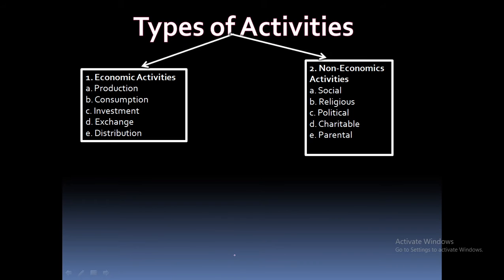These are the types of activities. There are two types of activities. First is economic activities. Second is non-economic activities. Economic activities include production, consumption, investment, exchange, distribution for money, for providing goods or services.